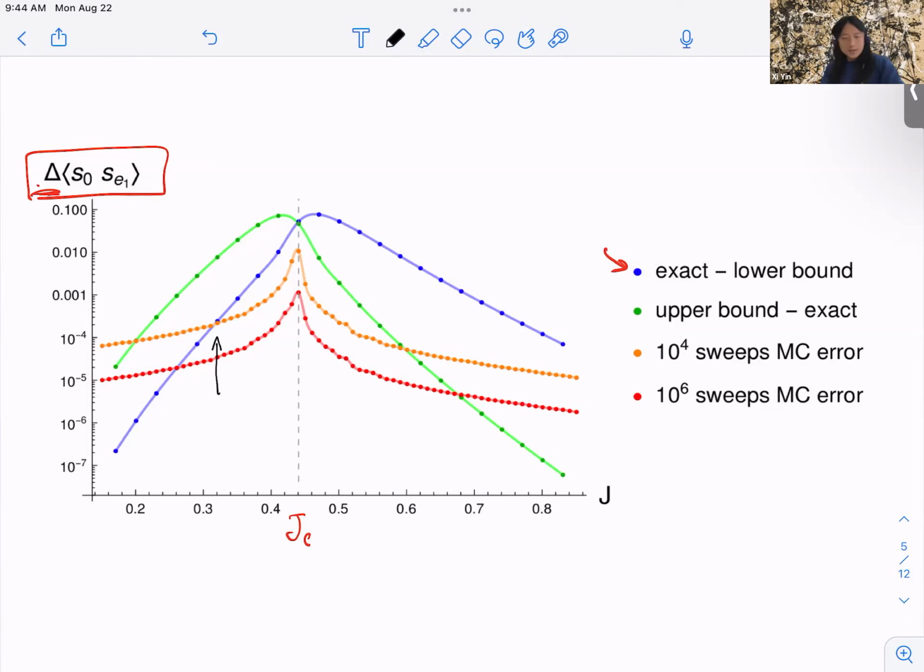Now, because the Monte Carlo error has this inverse square root law, and this is a logarithmic plot, if you want to go beyond this, at least with a standard Monte Carlo algorithm, it's very hard to improve this dramatically, because there's a hard limitation on the computing time based on the resources you have.